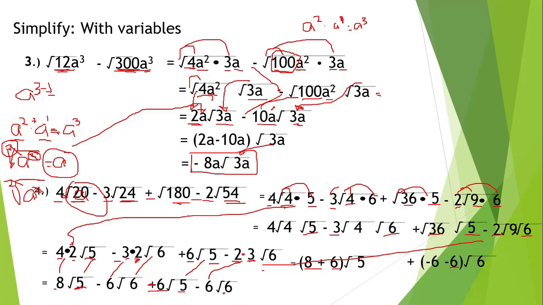Then copy the common expression, which is square root of 6. 8 plus 6 equals 14. Bring down the common expression. Plus, negative 6 minus 6 equals negative 12. Then bring down the common expression, which is square root of 6. This one is the answer.